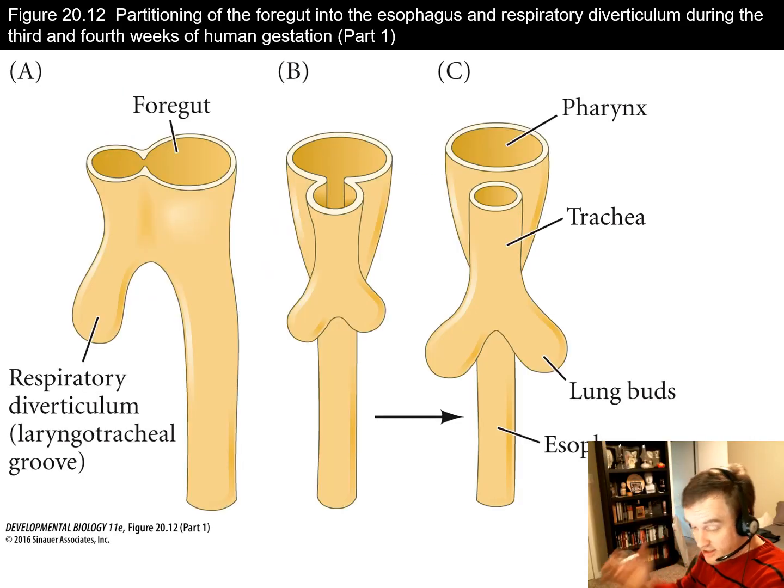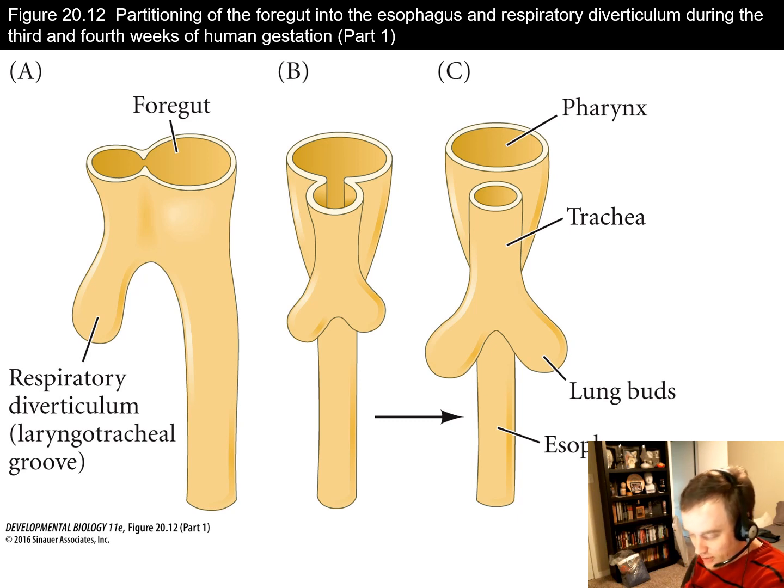Although it doesn't appear intuitive, the respiratory system, the lungs and the trachea, are actually derived from the digestive tract. This is the partitioning of the foregut into the esophagus and respiratory tracts, which happens during the 3rd and 4th weeks of human gestation.